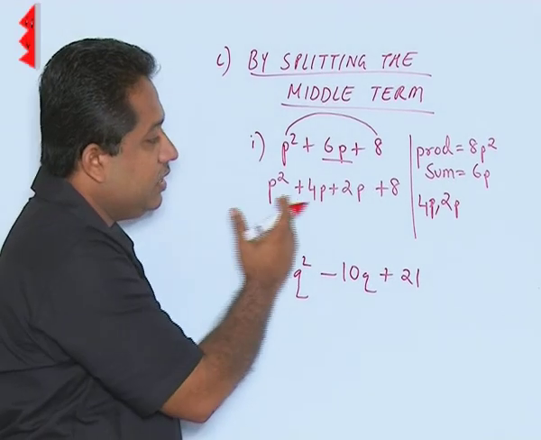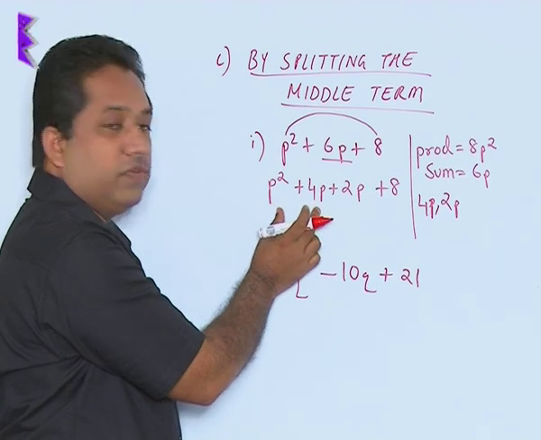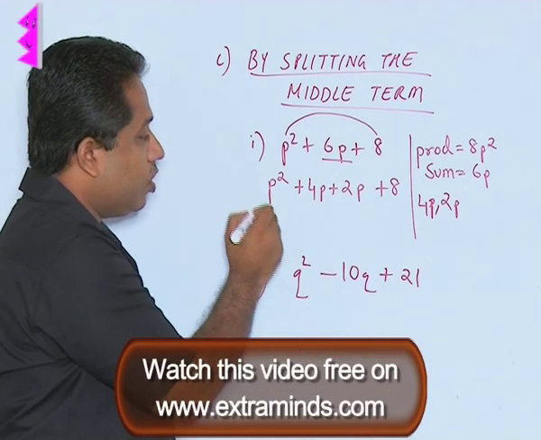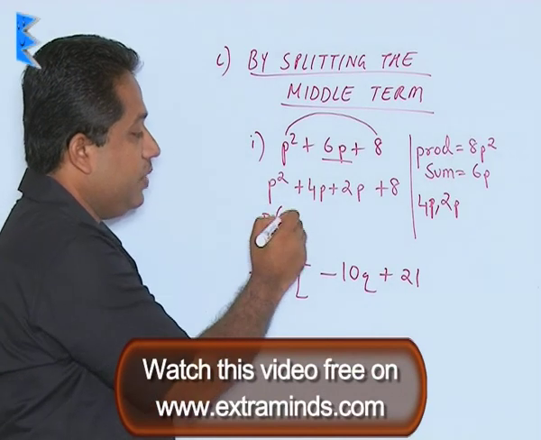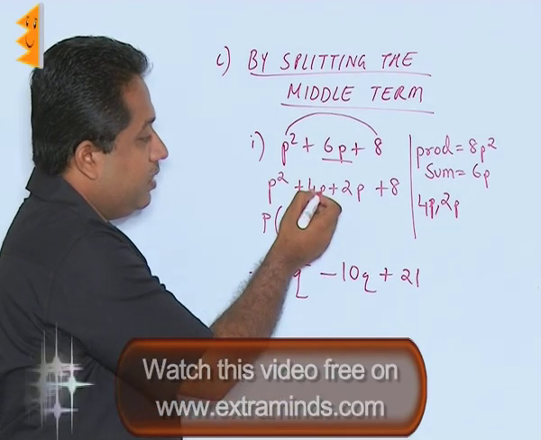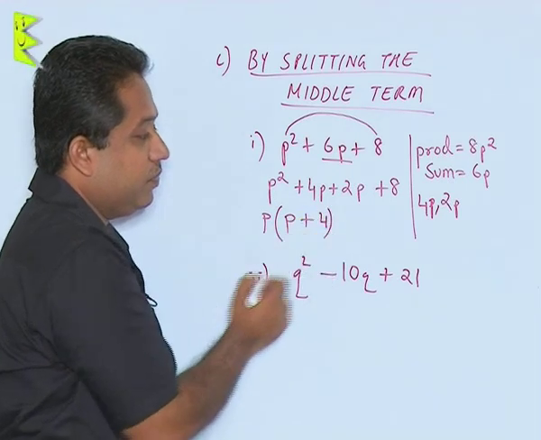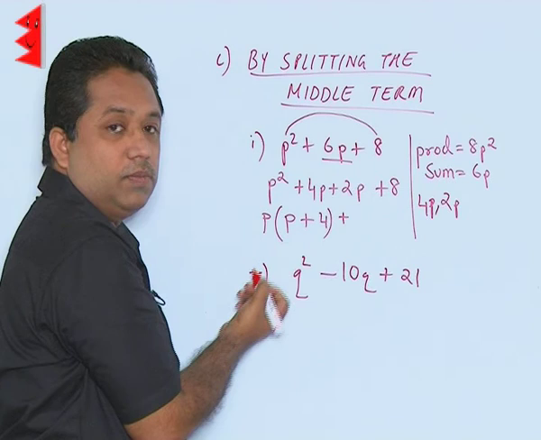Now, once we get it in this 4 term pattern, we are going to take common in the first and second and common in the third and fourth. So, if you take common here in the first and second, we know p is common. So, if p is common, we are left with p plus 4. p is common in this also. So, if you take out p, 4 is left, plus what is common in 2p and 8, 2 is common.